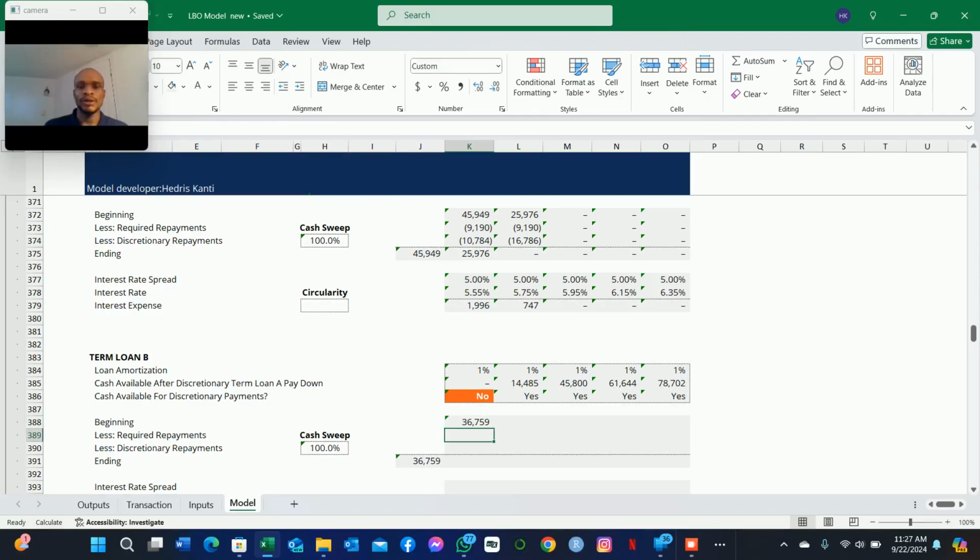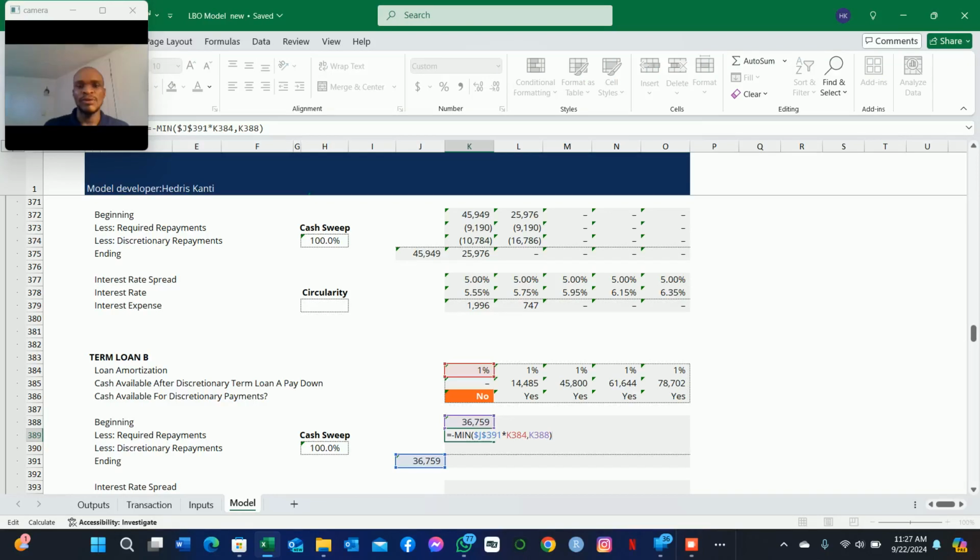We have that set up, and then for the required repayment, it's going to be equal to the minimum of whatever amount was borrowed, depleted by our loan amortization of 1%. So we know that even to the end of the 7th year, not everything is going to be paid. So we will just reference that, or the minimum cash balance. So that's the mandatory repayment here.